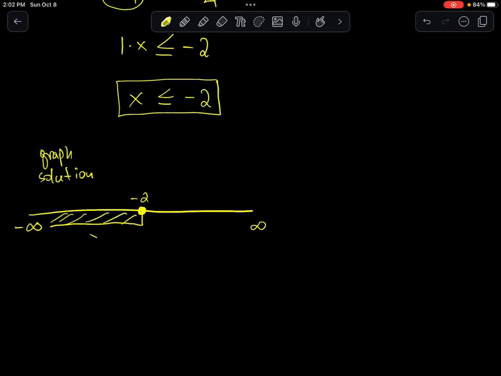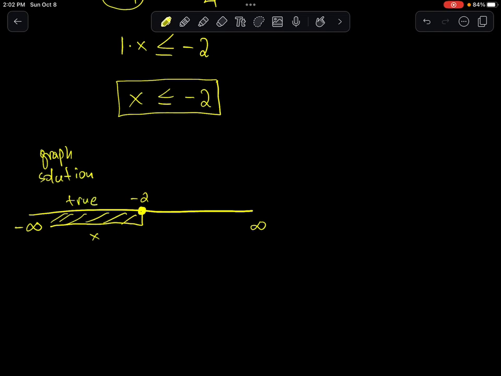And here is where all the x solutions, the numbers that satisfy my equation, are located. For example, negative 3 is here, negative 4, negative 3.5, any number. There are infinite numbers that you can plug in and satisfy the solution. What does satisfy mean? That means if you plug in any of those numbers, you get a true statement.